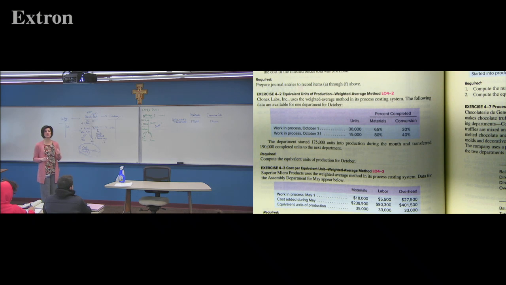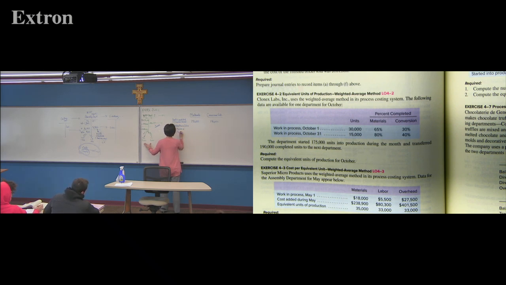The only other thing we have to do is evaluate our work in process ending inventory. So work in process, and we already have our numbers. Look, I did it in my T account. So my work in process, October 31, I have 15,000 units.